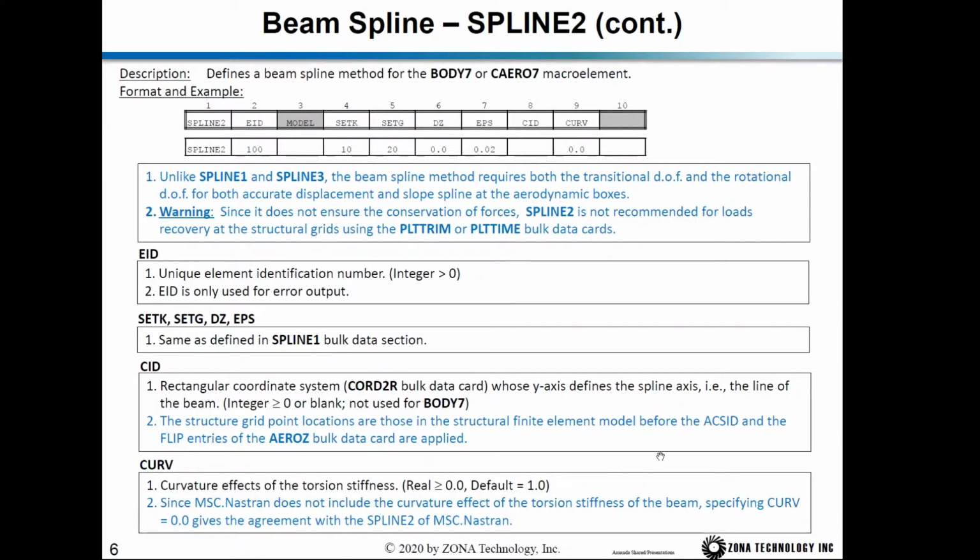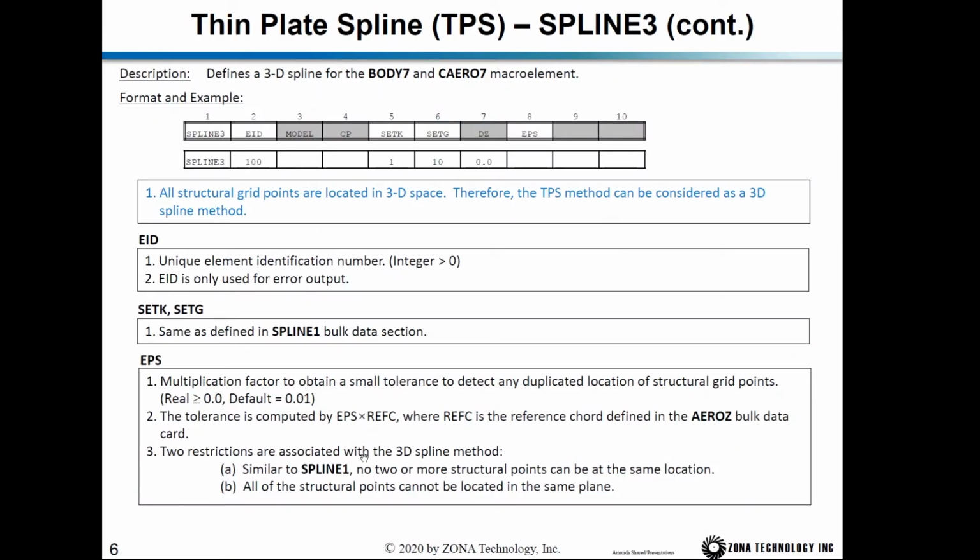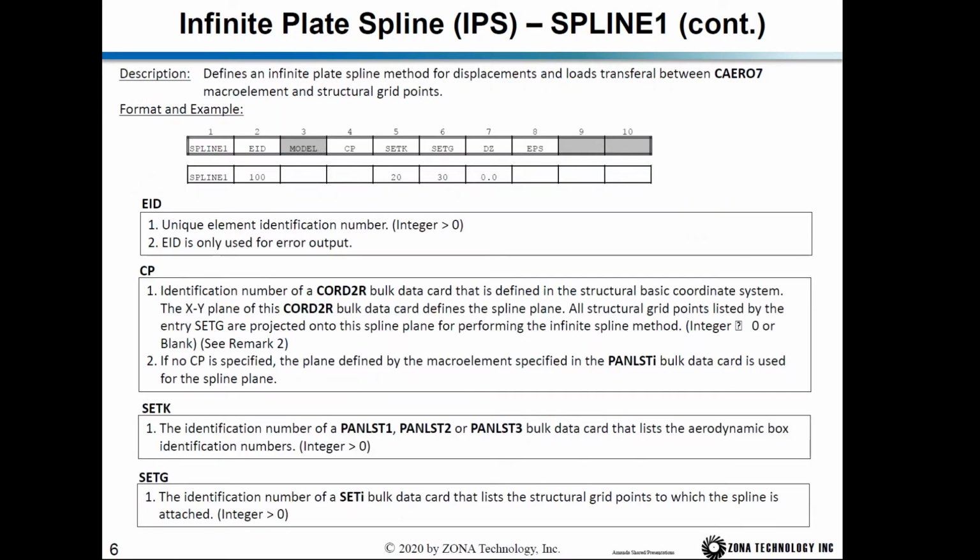So it's before the ACSID and the flip entries of the aero-z card are applied. Same as the plate spline method, when you define a coordinate card whose XY plane is a spline plane, this coordinate card also is in the structure coordinate, not in the aerodynamic coordinate.